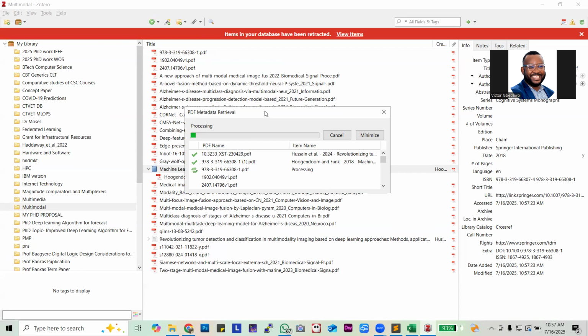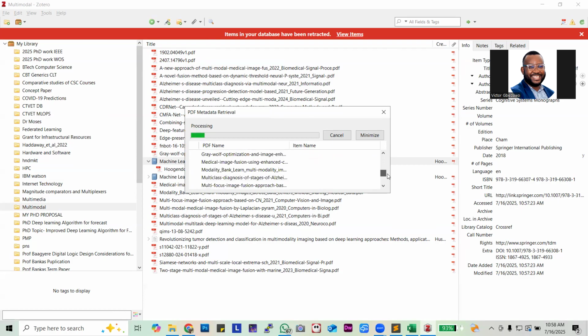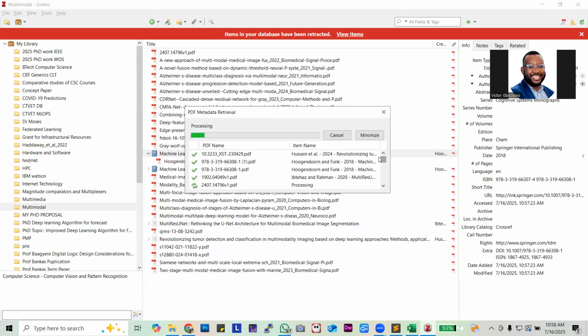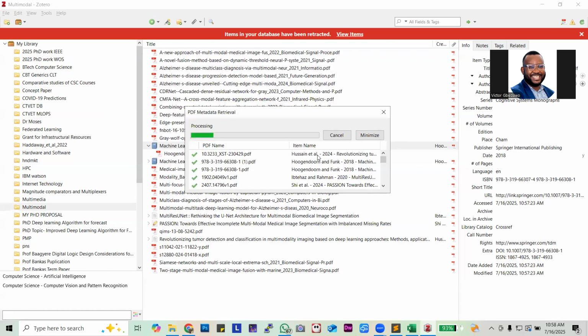And depending on how fast your machine or your internet is, it will give you access to all this data. So you see, it's working. Retrieving the data. Let's wait a while to see. And if some are not credible, it will not be able to pull in data for you. And that will mean you have to continue searching for materials.